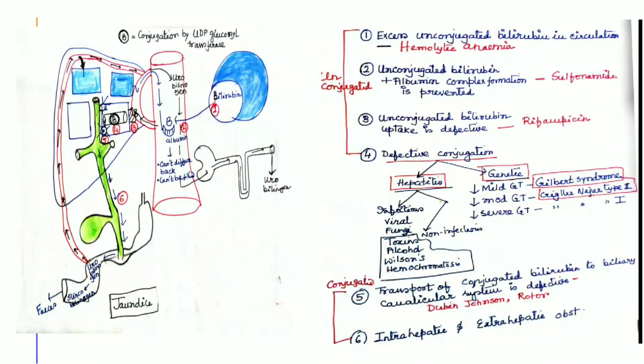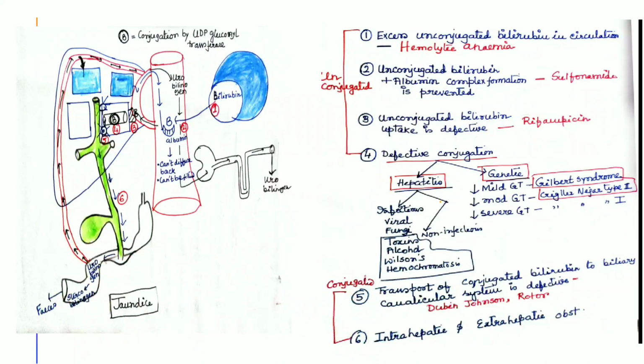Now come to the causes of jaundice. So I told you point number 1, point number 2, point number 3. One is the release of excess bilirubin due to hemolysis. This will raise the unconjugated bilirubin level.